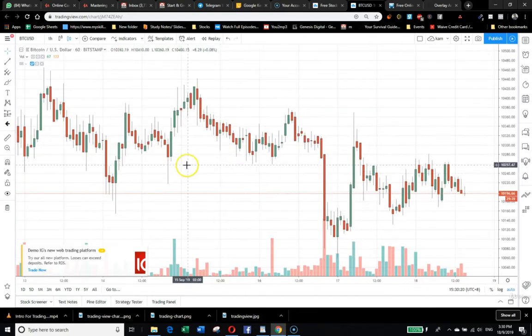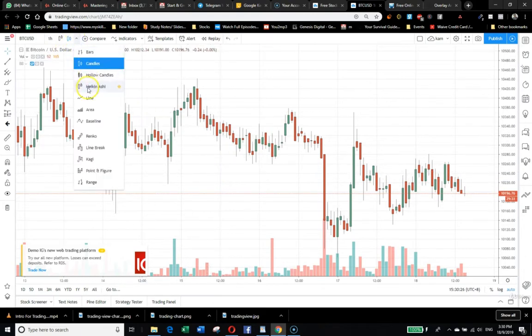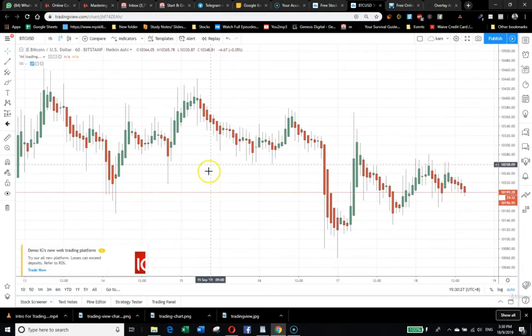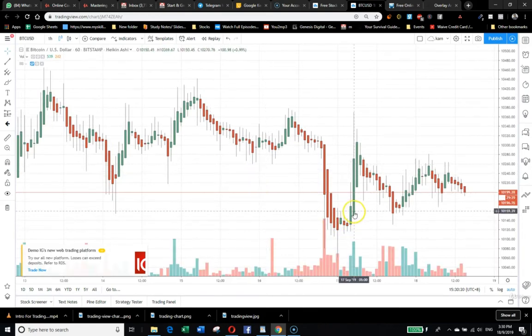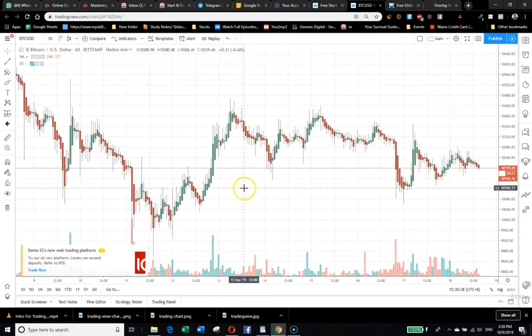If you want to make the trading easier, we change this to Heikin Ashi, and now you will see more continuous greens and continuous reds. All right, so this makes your trading way easier. So Heikin Ashi is a beautiful candle pattern that allows us to focus on the current strength of the trend.